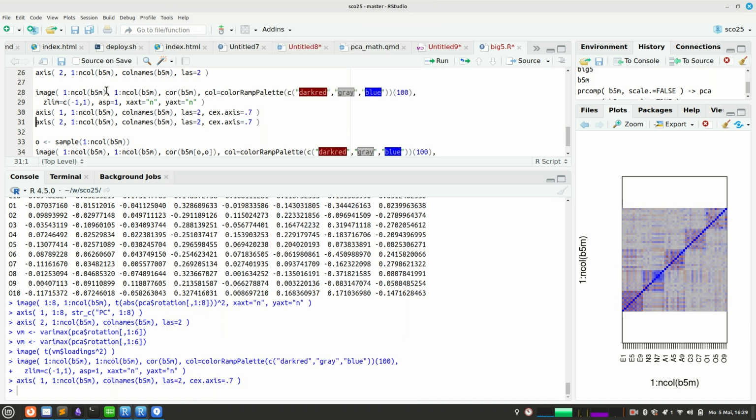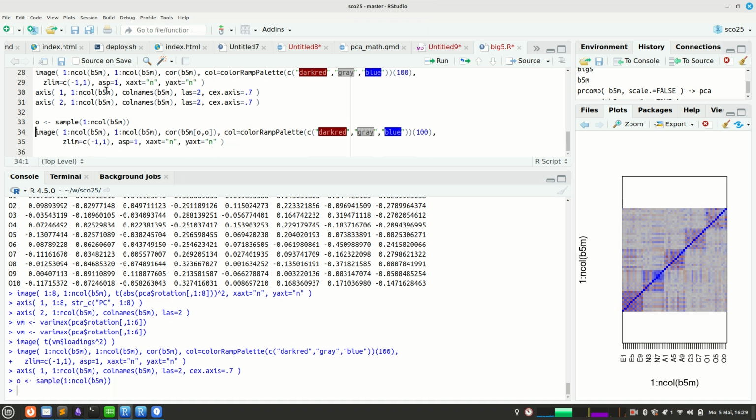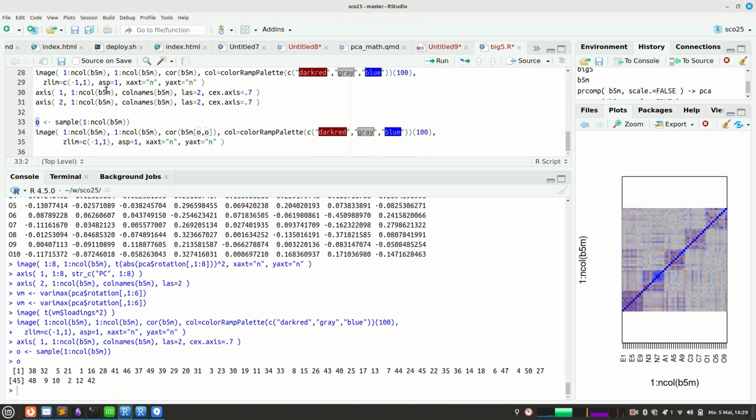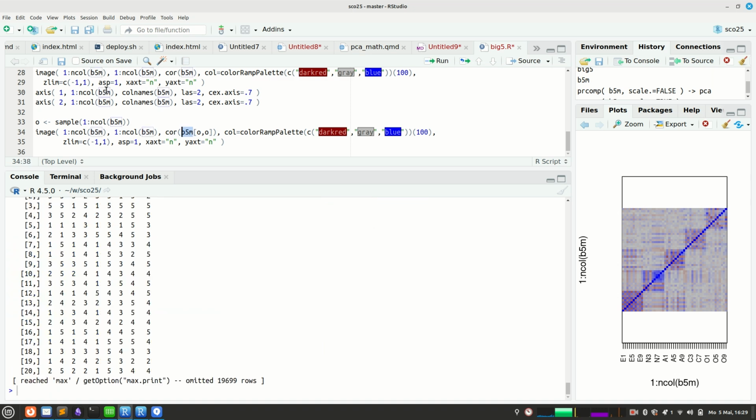I shuffle them here with this shuffling command. I shuffle the numbers from 1 to 50, here's a random permutation, and now I reorder the questions. And if I reorder the questions in this manner, so wait a second, B5M, the questions are the rows.